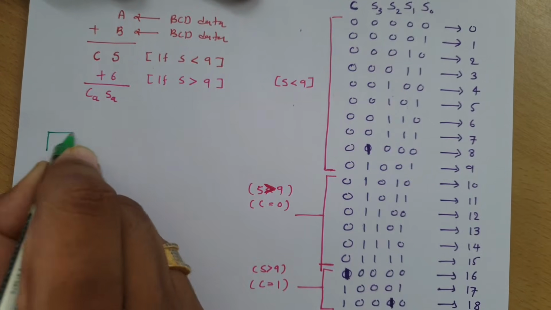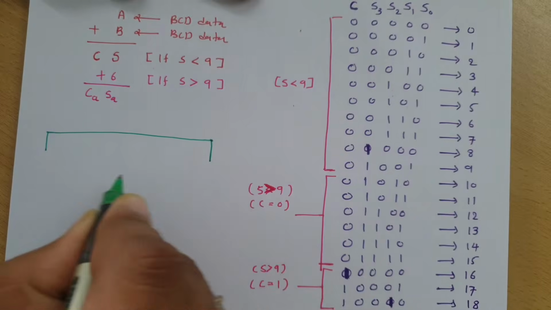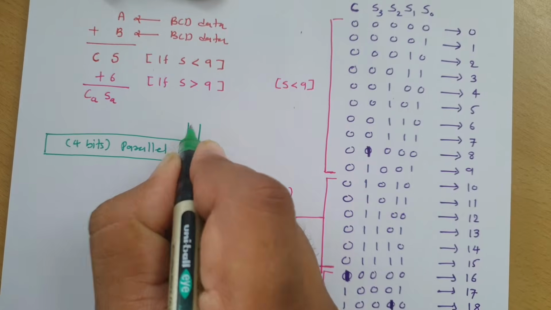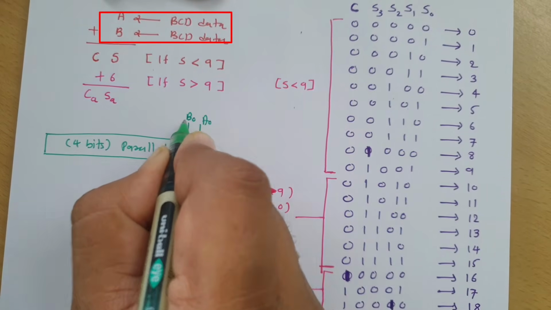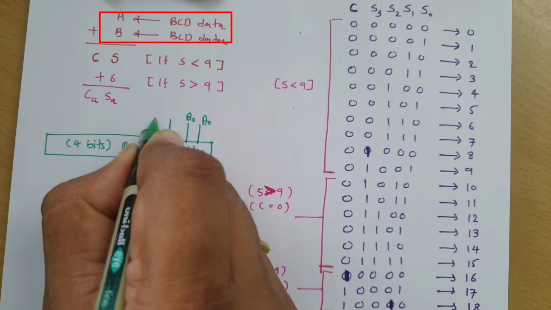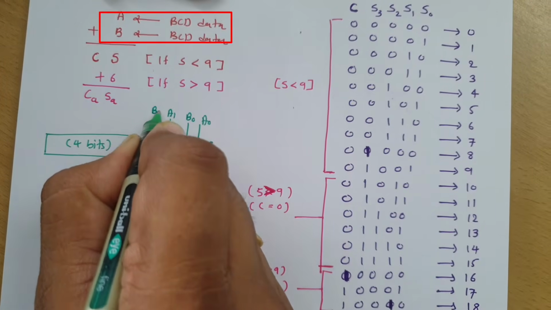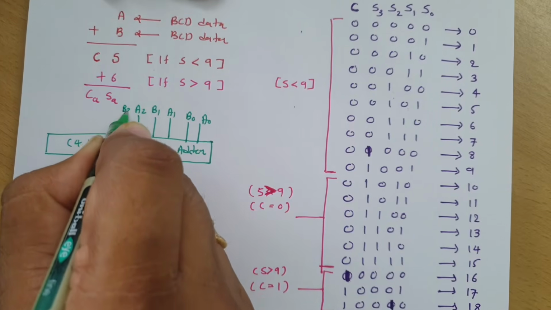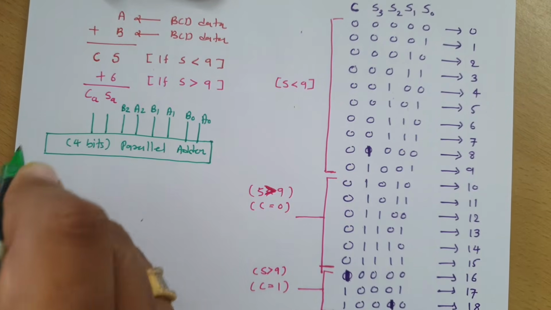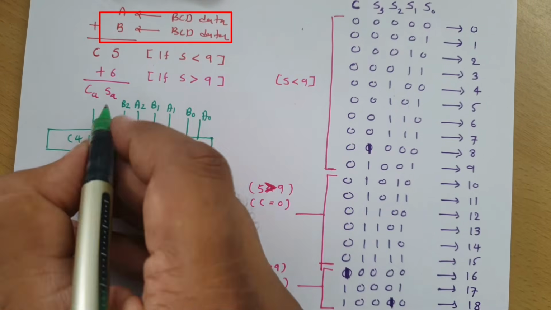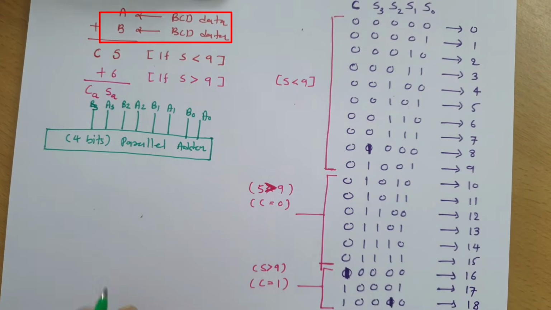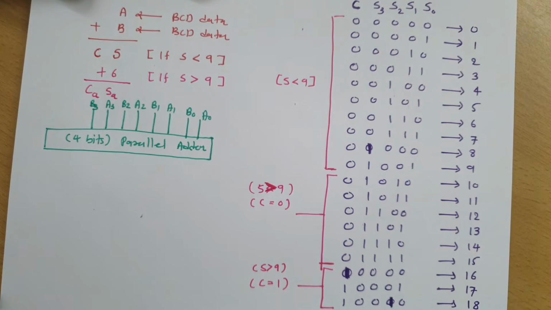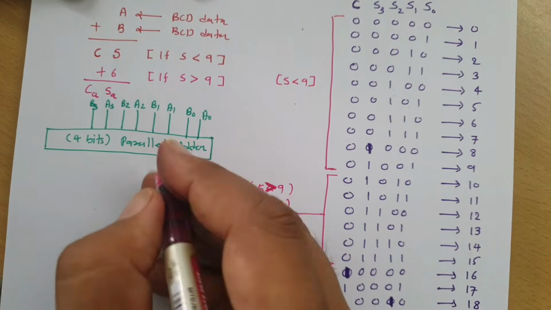If you use the 4-bit parallel adder, the inputs will be A0, B0, then A1, B1, then A2, B2, then A3 and B3. That is how the inputs will be there, and as per these inputs you will find the outputs.